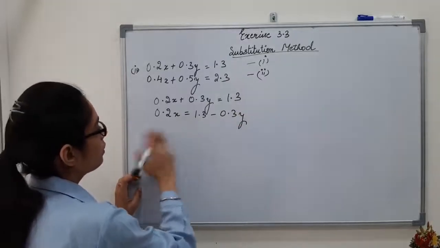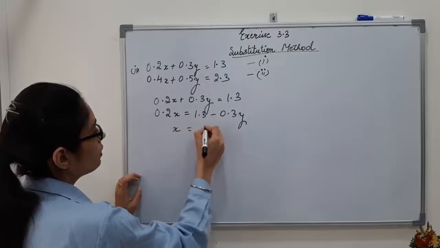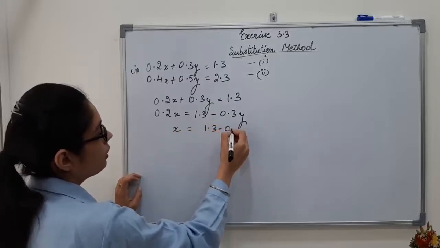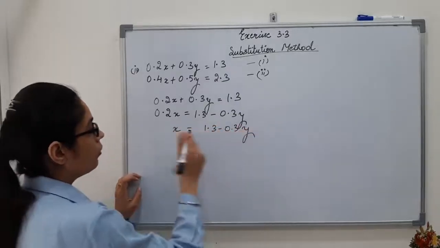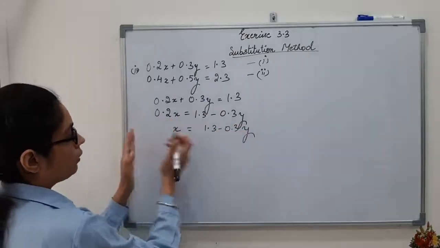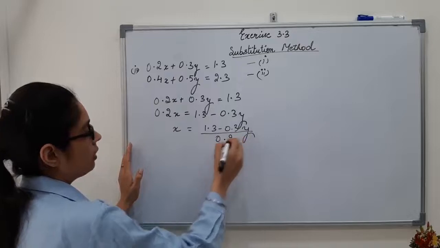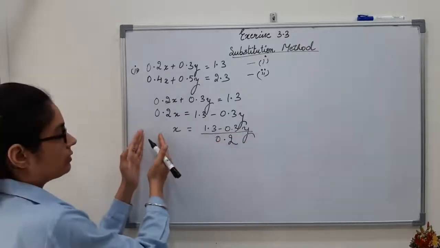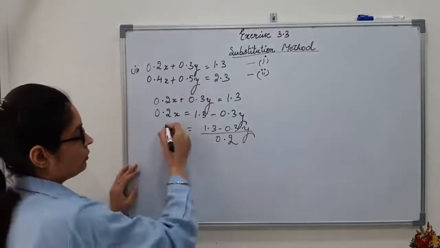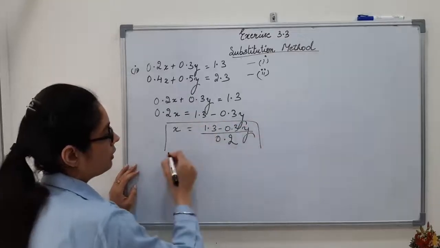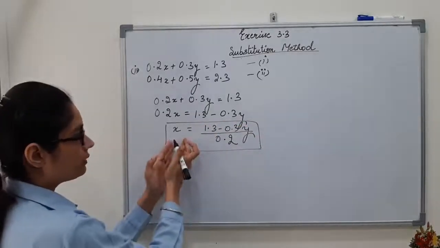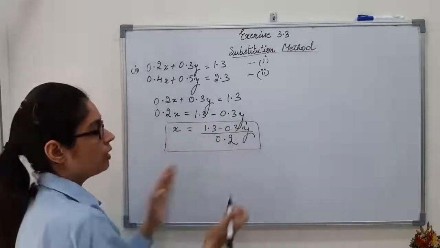So now just shift this 0.2 also to the other side, because we need the value of x. So 0.2 shifting to the other side, it will get divided. The reason is that on this side it's getting multiplied. So now we have successfully found the value of x in terms of y.